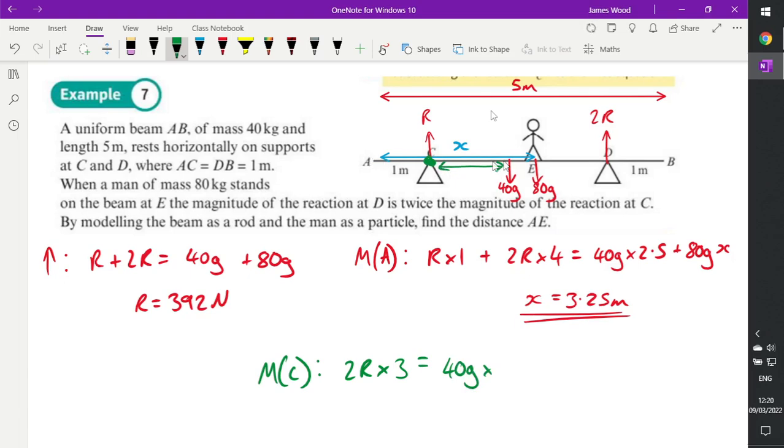That would be 2.5 from there, but minus a meter, so that's going to be 1.5. So some of the distances become more or less complicated to work out. Plus 80G times, well, if this blue distance is X, this one here is going to be X minus 1 meter. So that's going to be X minus 1, like that. And then you could solve this to find X minus 1, and then obviously find X. So there's several different ways you can solve these problems.